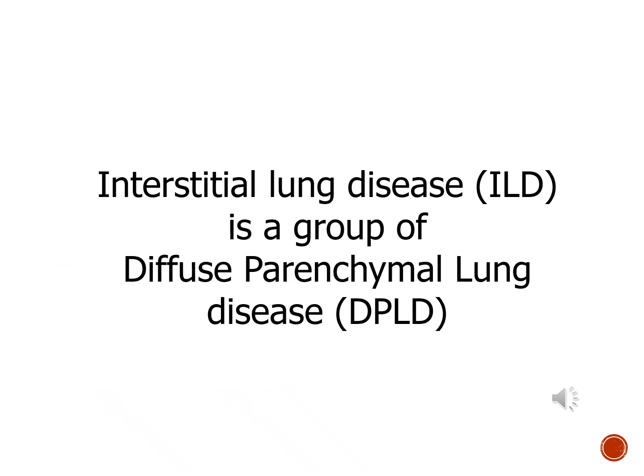The terms interstitial lung disease and diffuse parenchymal lung disease have been used interchangeably. Technically, diffuse parenchymal lung disease seems to be a more appropriate terminology, but in common usage, ILD is more prevalent.